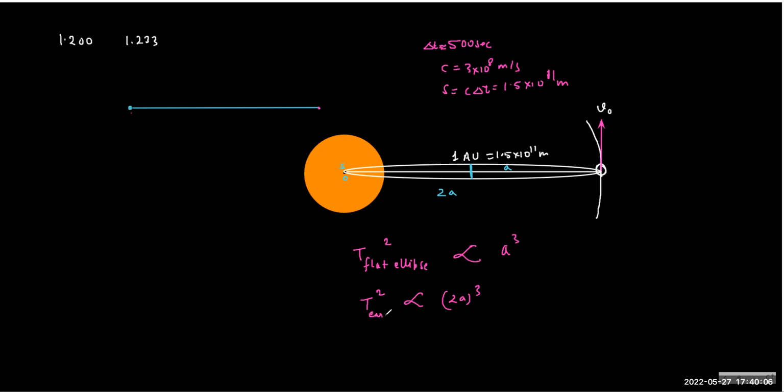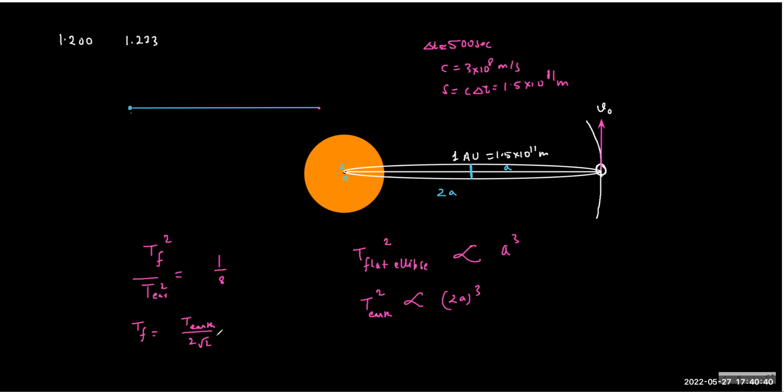This is the earth. Can we say that? Yes, sir. So what we can say is T flat ellipse, let's call it Tf, upon T earth squared is 1 upon 8, right? Yes, sir. So Tf is how much? It's T earth by 2 root 2. Yeah, correct.